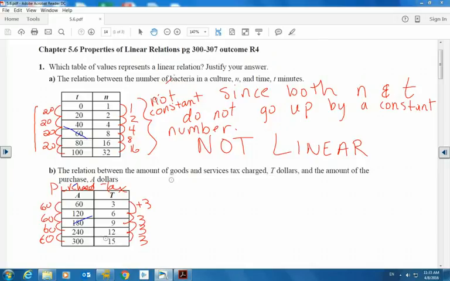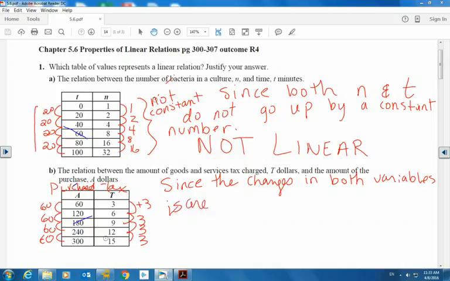So since the changes in both variables, I should say are constant because it's plural, the table of values represents a linear relation.